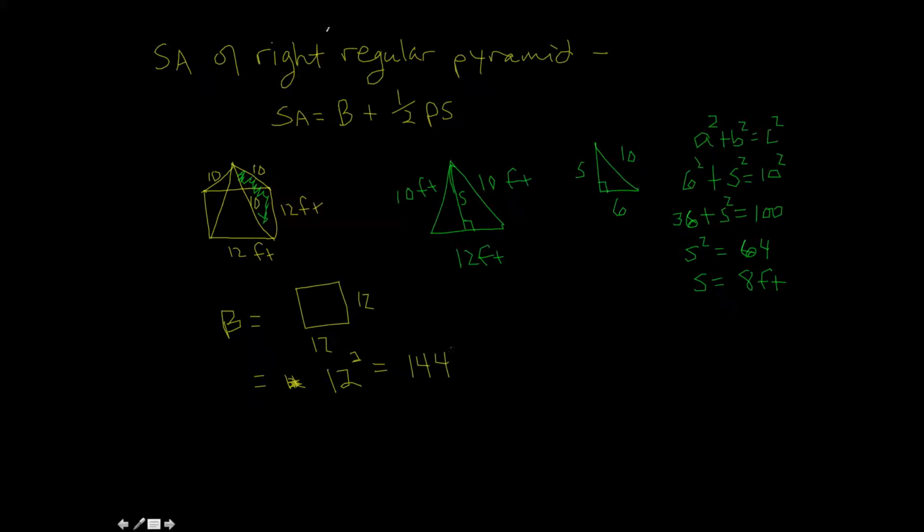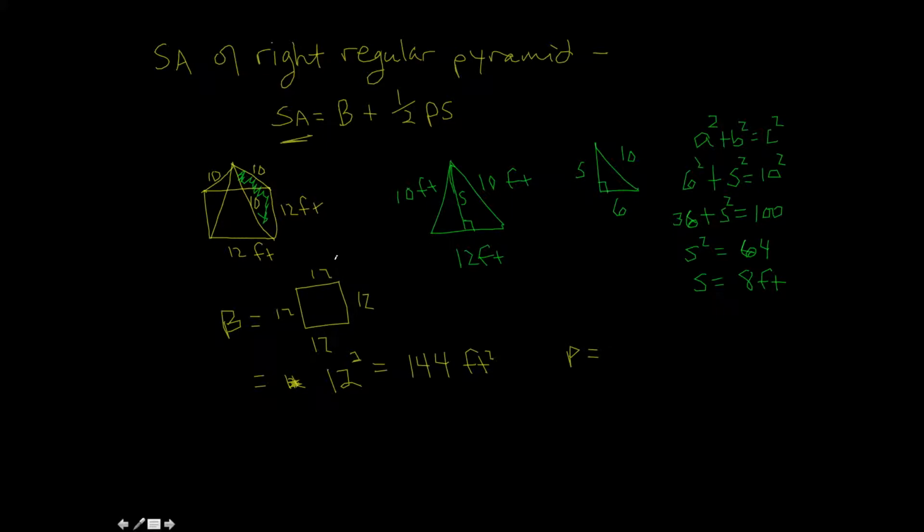Okay, 144. Now remember, surface area is going to be in square units, so this is going to be square feet in the end. This base would actually be square feet. Now what about perimeter? Now it's the perimeter of the base. So if we're looking at this base here, all these sides are going to be 12.